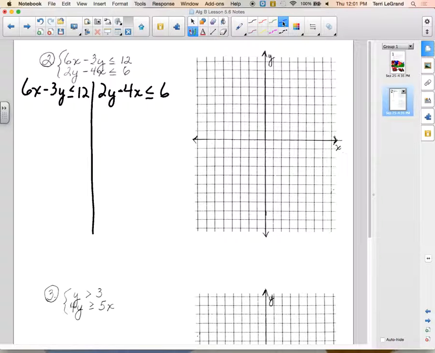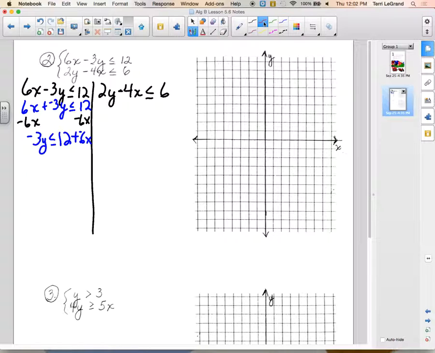Okay, so I'm going to work with this one first over here. 6x plus -3y would be a better way to treat that one. So what should I do first? Subtract 6x on both sides. Yep, subtract 6x from both sides, which is the same as plus a -6x when I write it out on the right side. What's next? Divide every piece by -3.